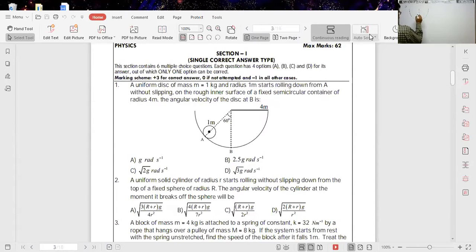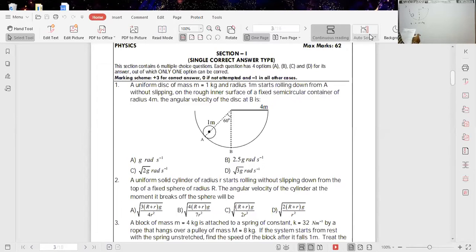Of course, this is the radius. Here is one uniform disk, of radius small r equal to 1 meter and mass equal to 1 kg.